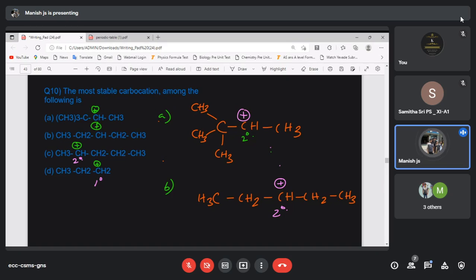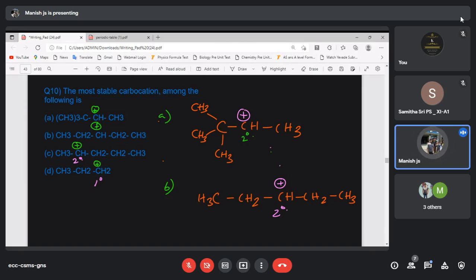Which carbocation is more stable? Option D, sir. Why is it option D? Sir, it is the 1 degree carbocation. Yes, you can go with odd man out, because that is the only 1 degree carbocation and all the rest are 2 degree.